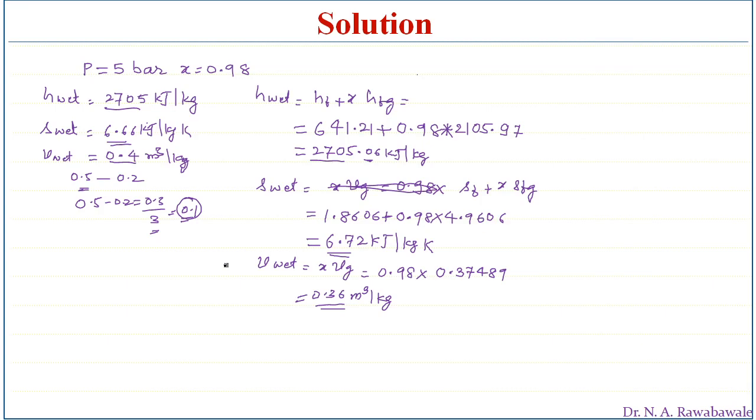So this is how the Mollier chart helps us find the properties of steam without knowing the formula or referring to the steam table. Here there are two methods. By the first method we can refer to the Mollier chart and find the properties of steam.